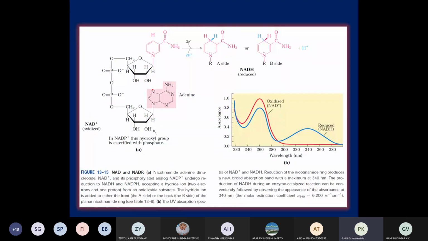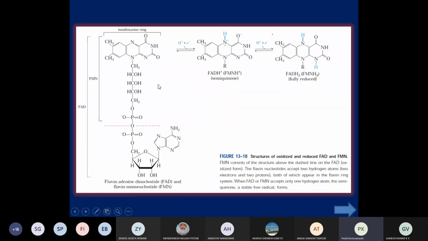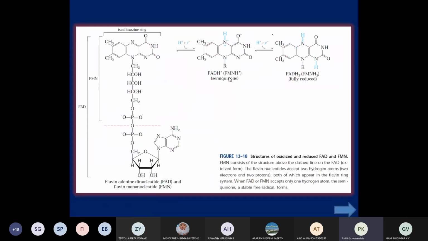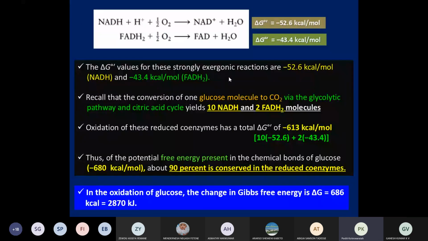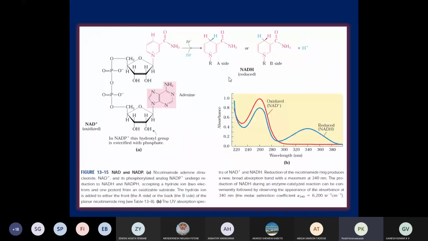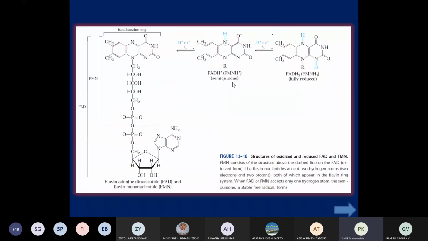Here you can see this is NAD and this is NADH, the reduced form, and this is the structure of FMN and FAD, and this is FADH2. These are the high energy reducing equivalents. They have high energy electrons, and these electrons are transferred to molecular oxygen in the electron transport chain for the formation of ATP.